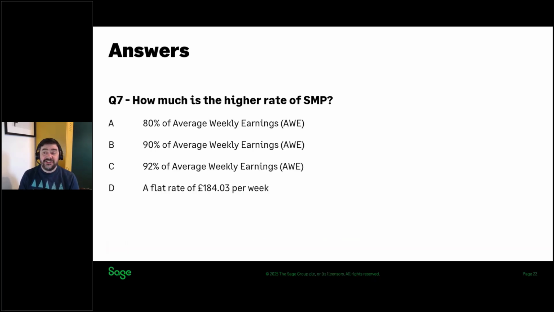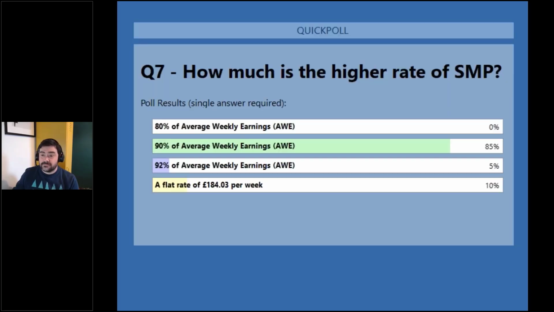Question 7 then, how much is the higher rate of SMP? What did we think on this one? So again, big majority, 85% of you saying 90% of average weekly earnings. So let's give you the answer to that one.